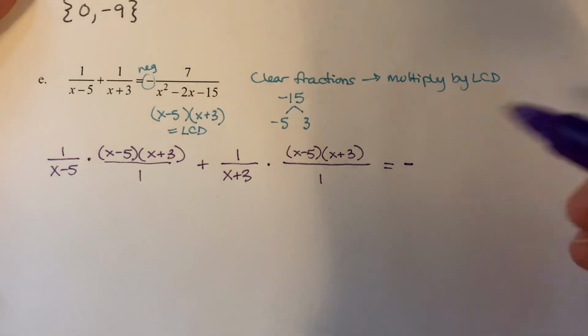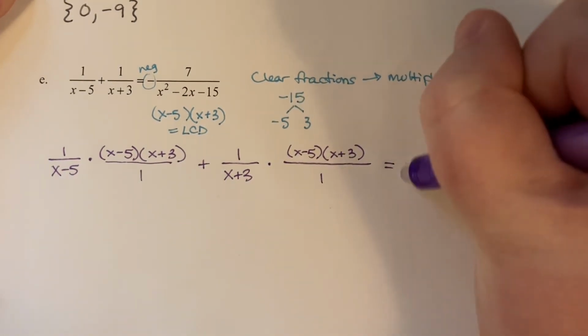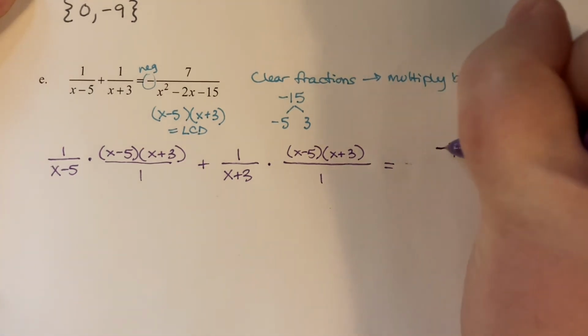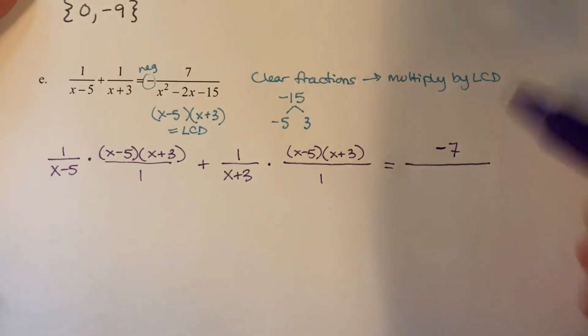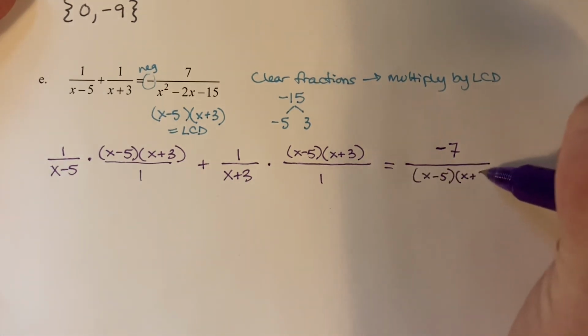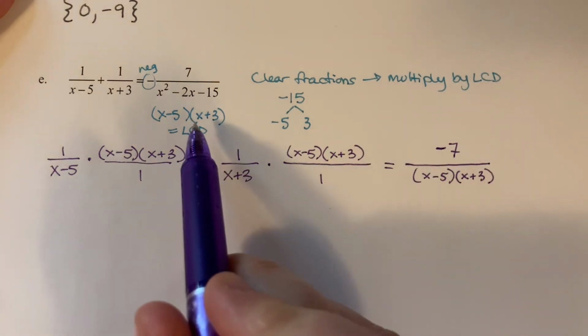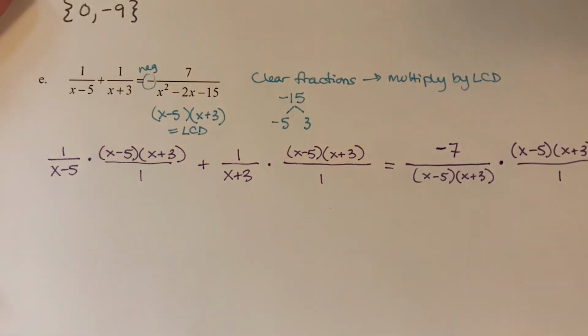I'm not going to lose it. You know what? I'm going to put that negative with the 7. That helps me. I like putting my negatives in my numerator. So negative 7 over x minus 5 times x plus 3, because I factored that denominator, times x minus 5 times x plus 3 over 1.